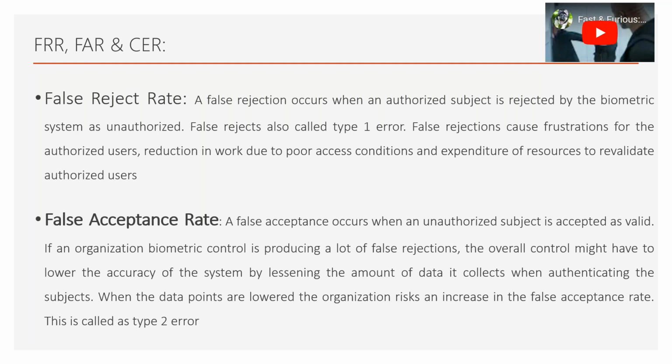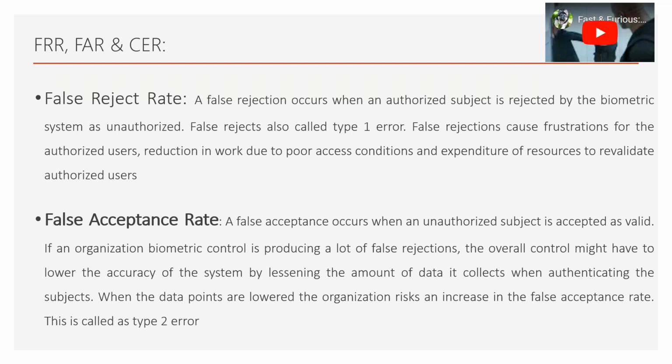That day when you are late, the authentication system will not work. You are an authorized user, but the FRR will not allow you to get authenticated. That is when an authorized subject is rejected by the biometric system as unauthorized. That is what we call an FRR.